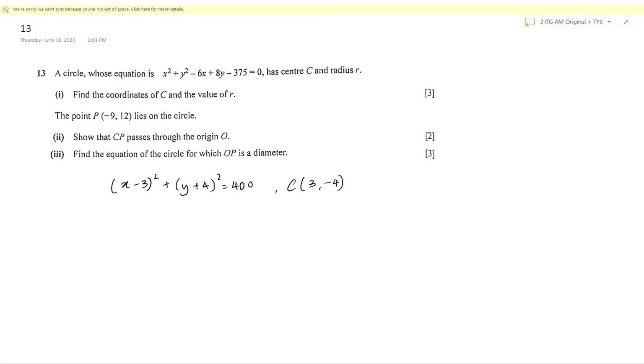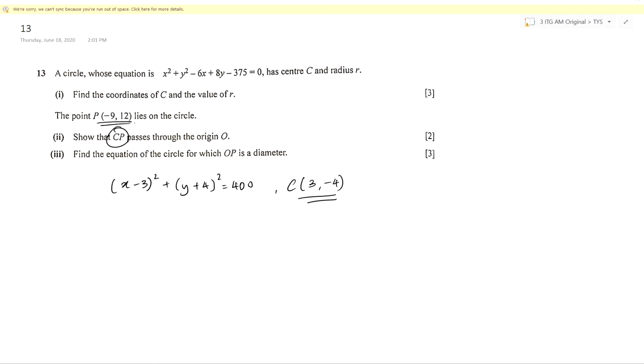So let us make use of the next piece of information. They want the line CP. So C, we found it. P, we've got the coordinates, which means that I can find the equation of this straight line by finding the gradient, then by finding the y-intercept.